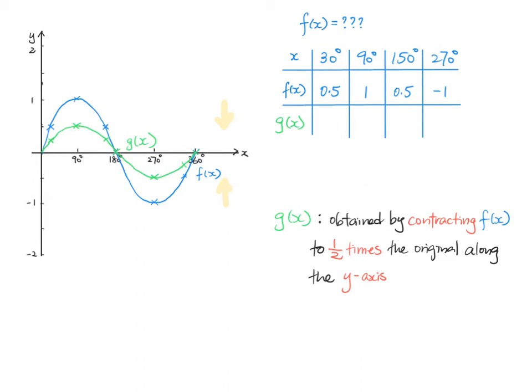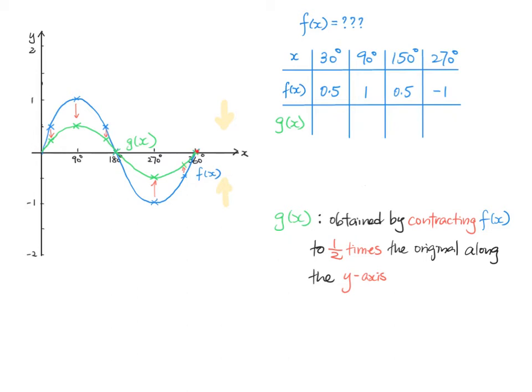So when the whole thing shrinks to the middle, if you look at the individual points, each y value becomes 1/2 of the original, right? This is -1 and it becomes -1/2. And this one goes from -1/2 to -1/4.